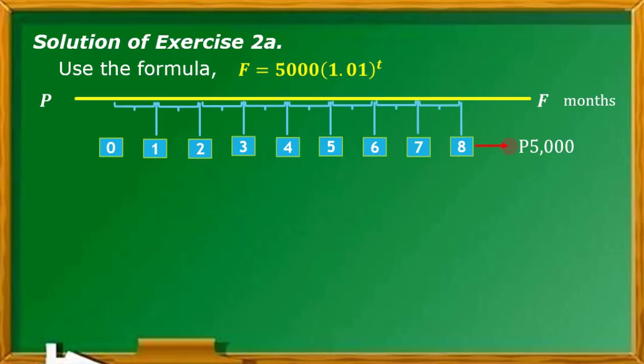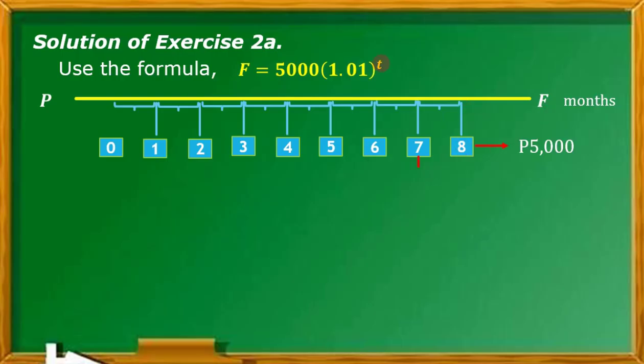Why is it 5,000? Well, let's assume that at t equals 8, t is equal to 0. At the 8 months, there's no more next month. So t equals 0 here.